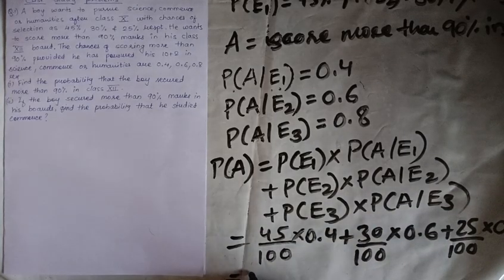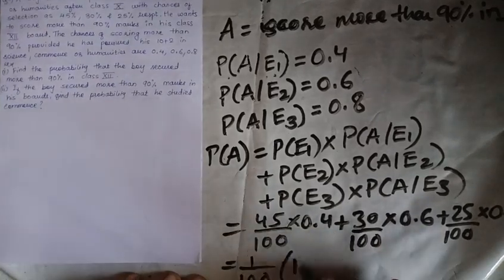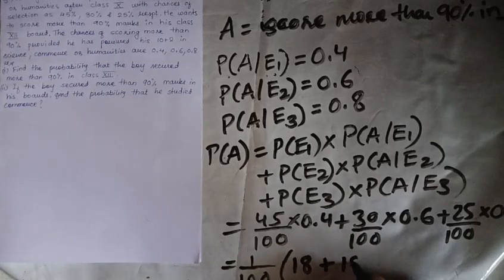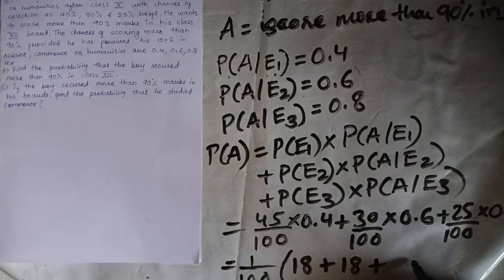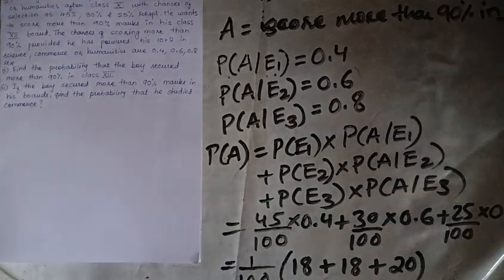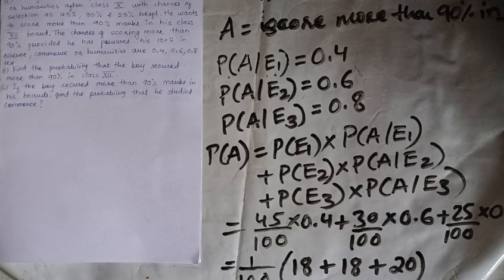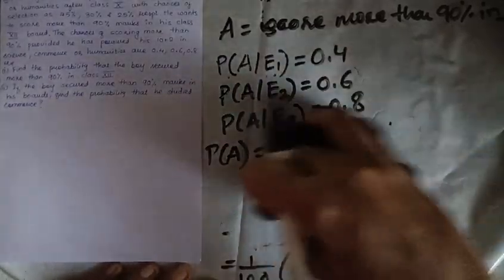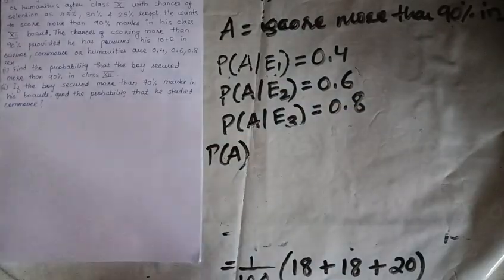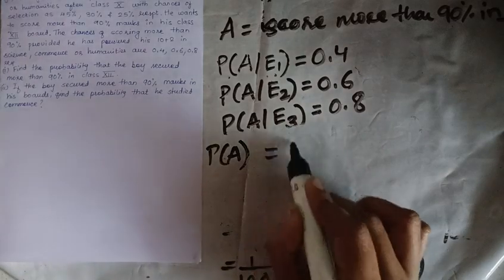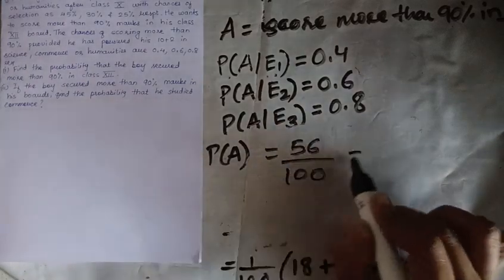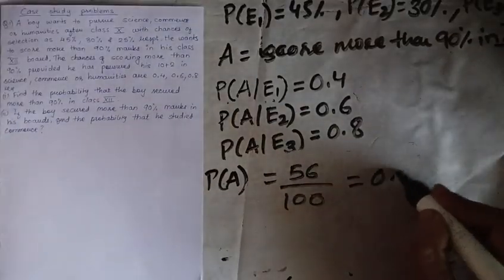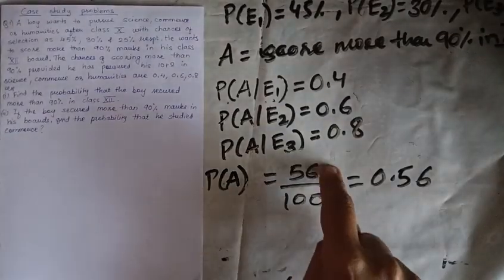Okay, so we can take common 1 upon 100. So we'll get here 18, 18, 20. Then 36 plus 20. So the probability of scoring more than 90% is 0.56. That is 56%.